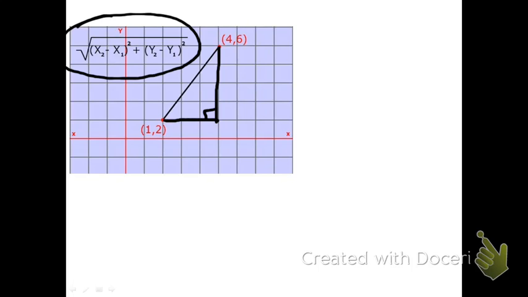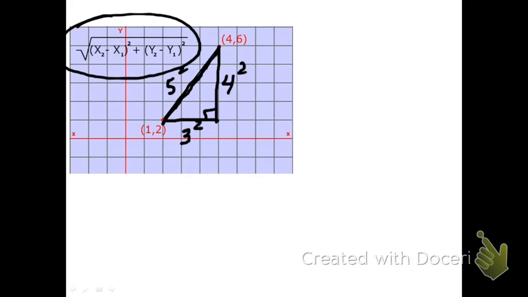And good old Pythagorean theorem tells us that this distance squared, so in this case it's 3 squared, and this distance squared, which is 4, is equal to this distance squared. So 3 squared is 9, 4 squared is 16, and 9 plus 16 is 25, so this distance must be 5.